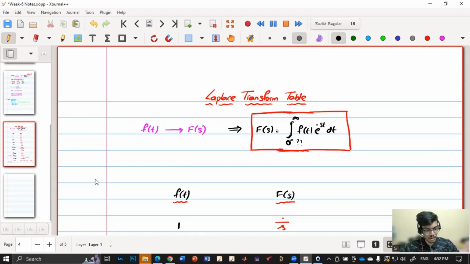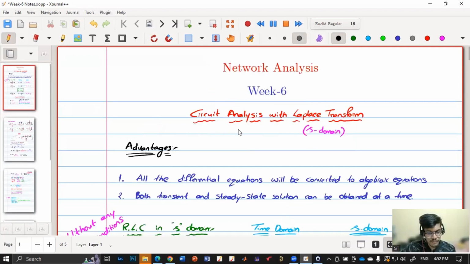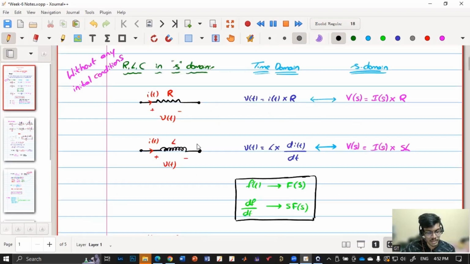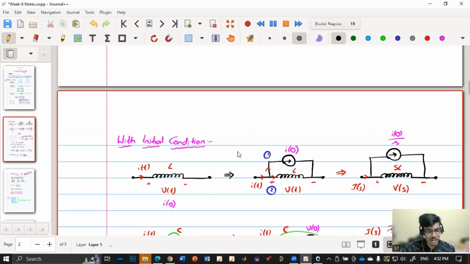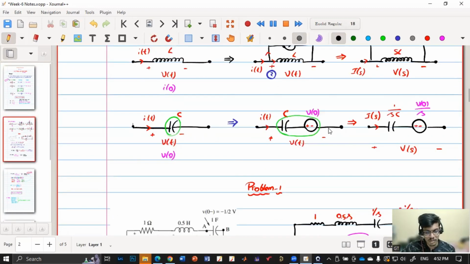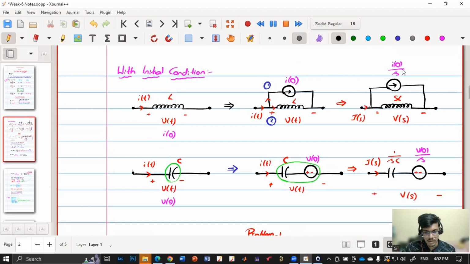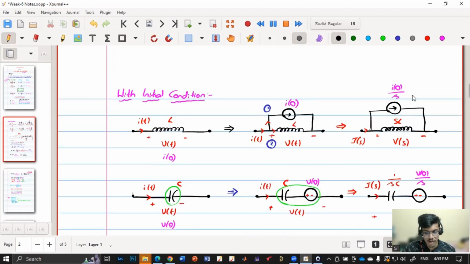Okay, sir. So till now we have discussed circuit analysis with the Laplace transform, the basic advantages and how to solve. What are the steps with the initial condition, and if we convert circuits into the S domain with the initial condition as well as without the initial condition, what are the equivalent circuits?